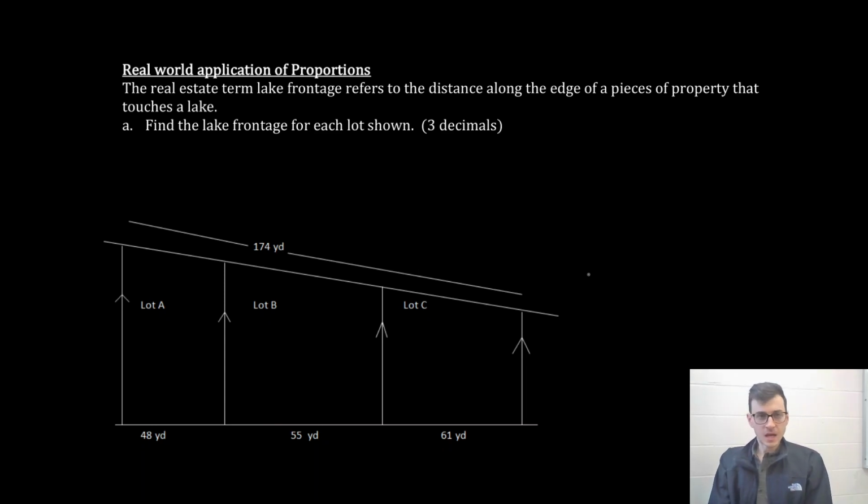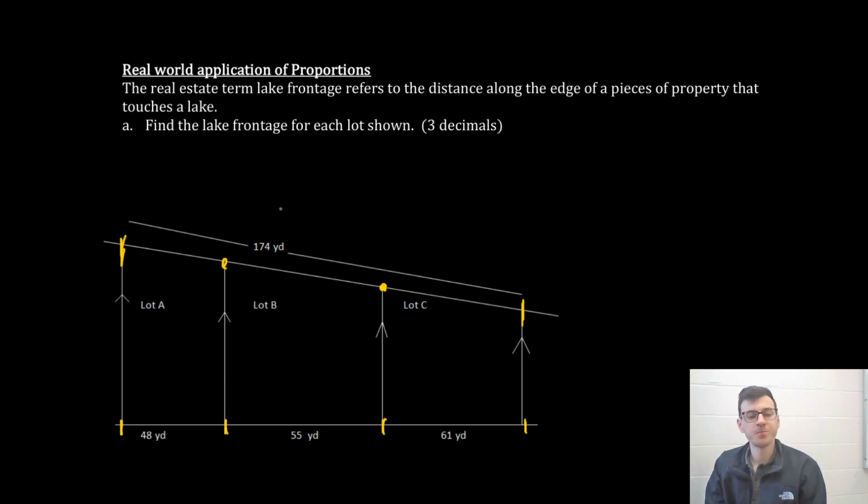So, okay, let's say you're a real estate surveyor and you're trying to figure out how much lake frontage each one of these lots has, and somehow you know the distance on the street that each one of these has, but you know the total amount of lake distance, and you know where this hits, but somehow you don't know the lake frontage. You just don't know. Okay, so we've got to calculate it.